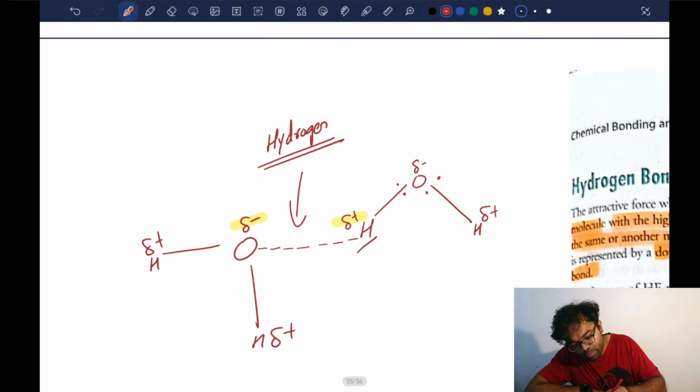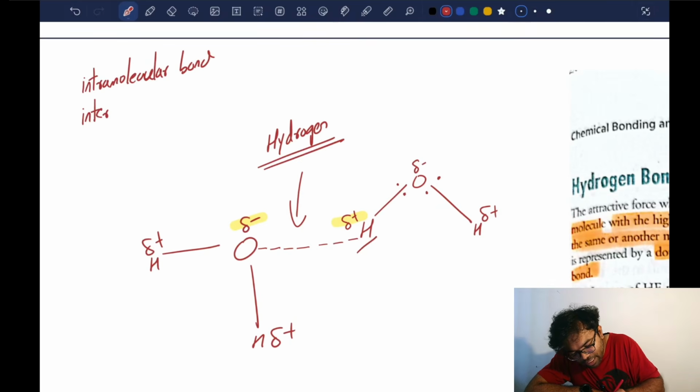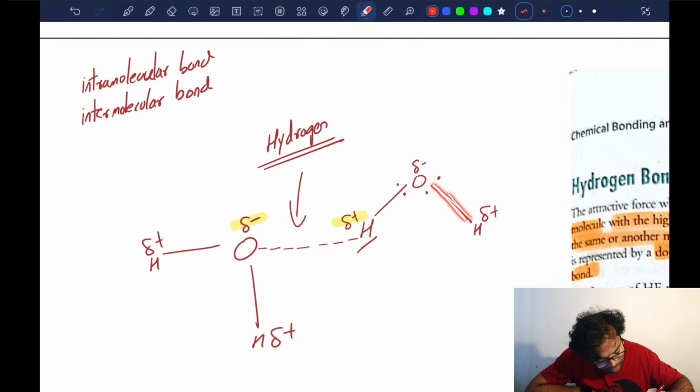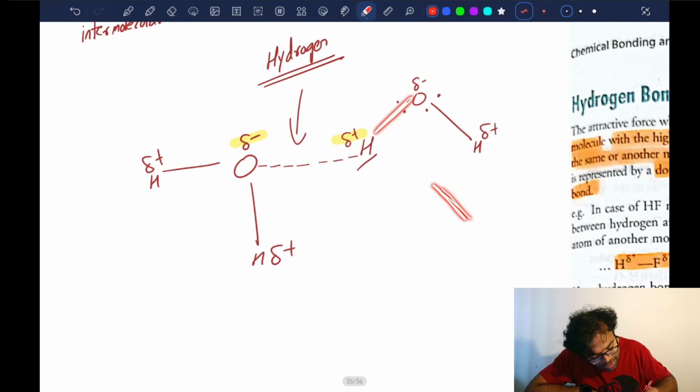There are two types of bond, Tripat. One is called the intramolecular bond, and then the other is the intermolecular bond. Now, intramolecular bonds are the bonds that are present inside the molecules itself. That is the bond between this oxygen and this hydrogen, or this oxygen and this hydrogen.